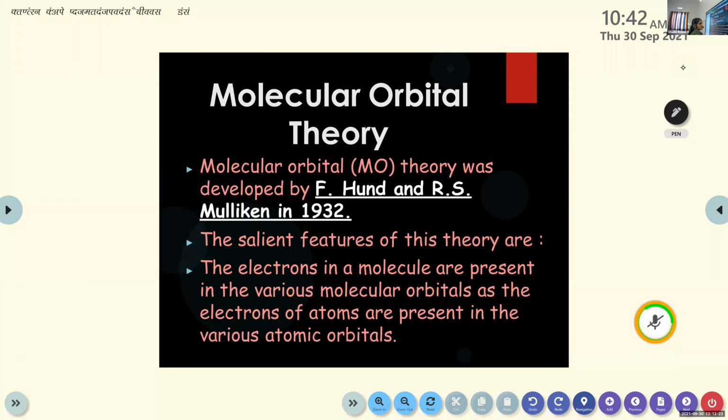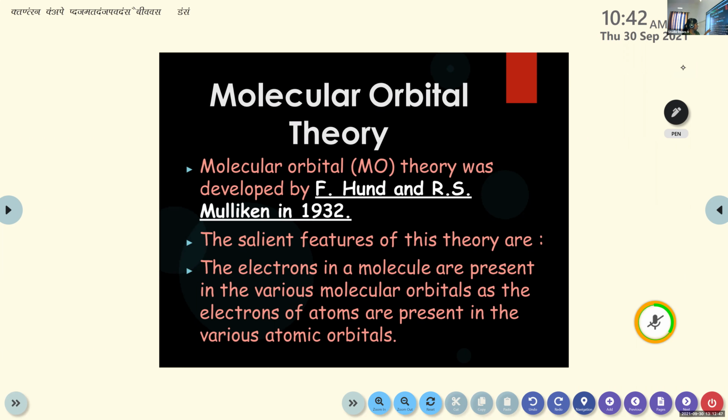And there are certain salient features for this theory. The first point is that the electrons in a molecule are present in various molecular orbitals, as the electrons of atoms are present in various atomic orbitals. We know that electrons in atoms are present in atomic orbitals, right? An atomic orbital is defined as the region of maximum probability of finding an electron.